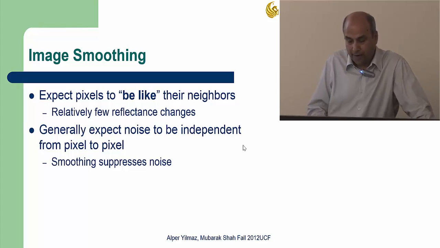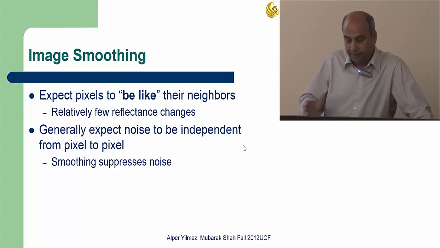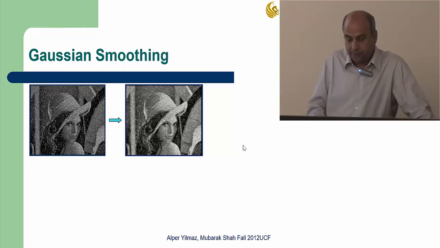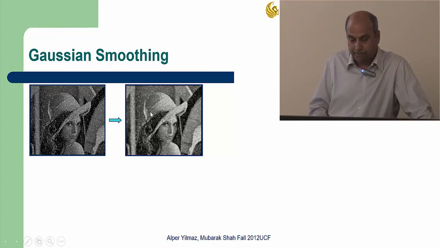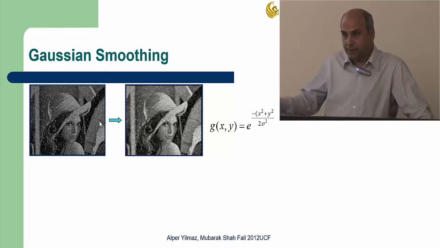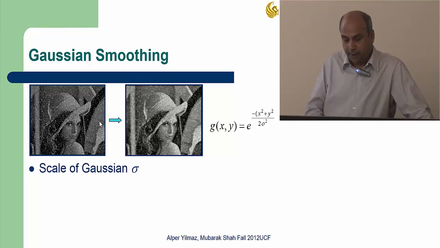As I said, noise is independent, so it cannot be dependent on other pixels. Suppose here is the image with noise, and we can smooth it. The Gaussian filter we talked about looks like that: e to the power minus x square plus y square upon 2 sigma square.